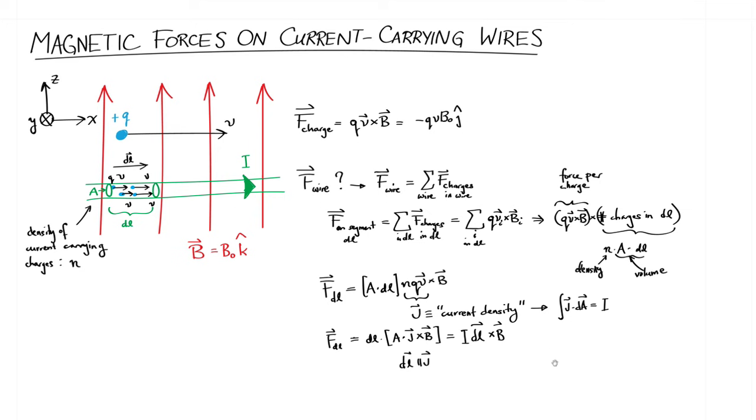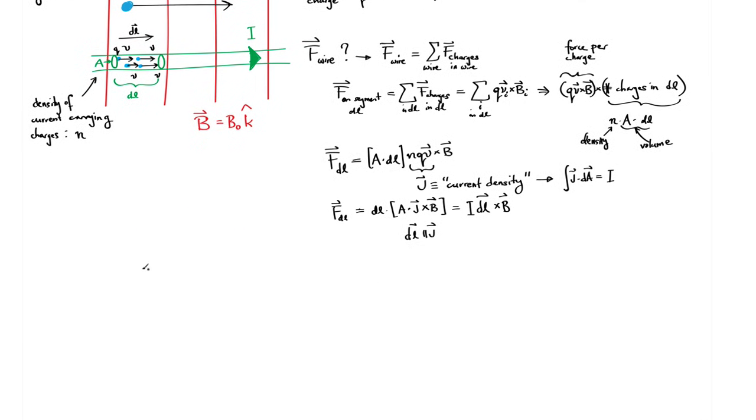So basically, if I consider some very small segment of wire, the force F on some segment of wire dl is just going to be the current I flowing in that little segment of wire, dl cross B. B is what the field is locally right at that point. The dl vector is pointing along the direction of the current, right? So if I swapped the direction of the current, so if the current was instead flowing right to left, my dl would point in the opposite direction, okay?